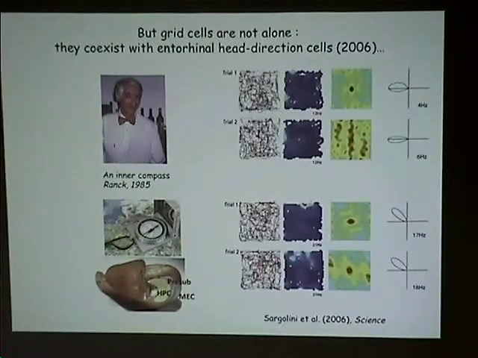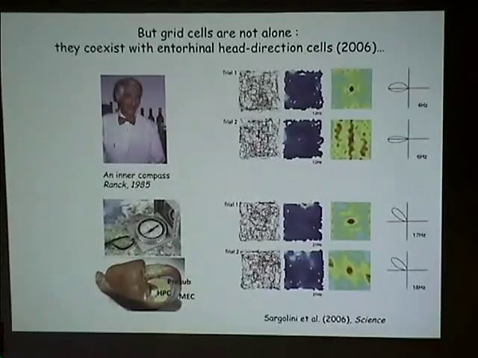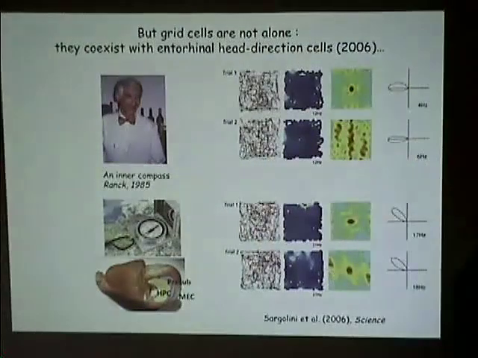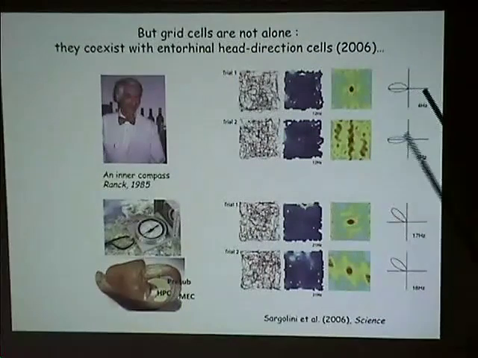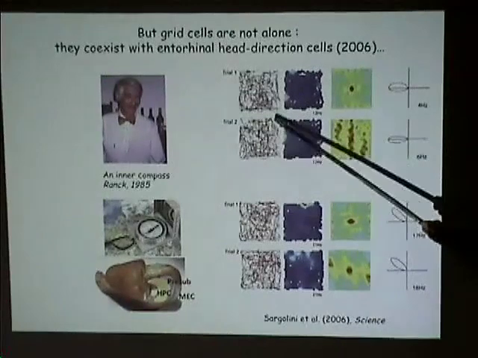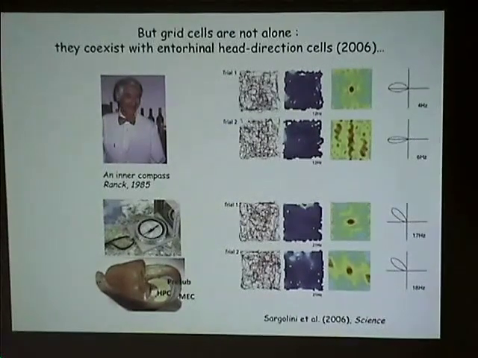And what Jim found in the presubiculum, dorsal presubiculum, was that there are cells that fire specifically to the head direction of the animal. So they don't really have any spatial correlates, but they fire specifically when the animal is pointing its head in a certain direction.